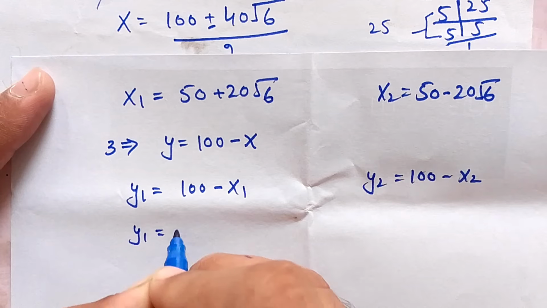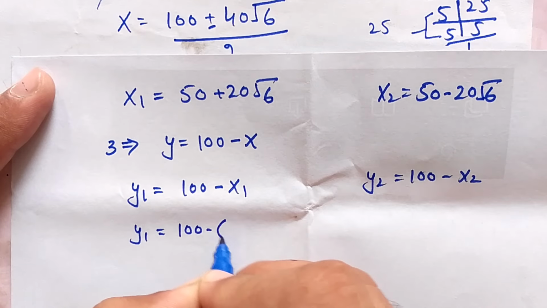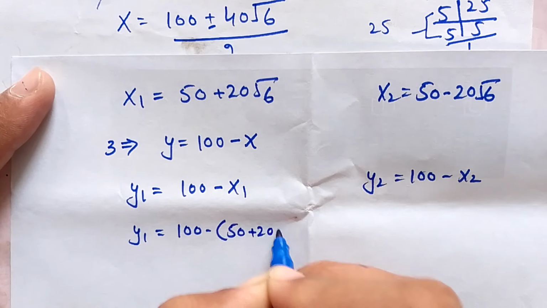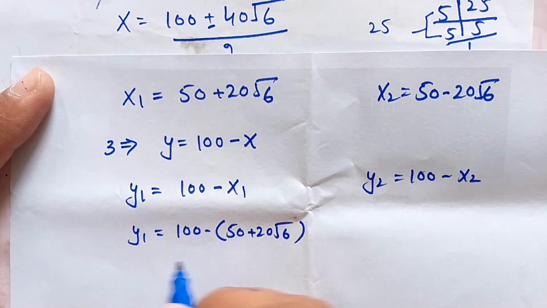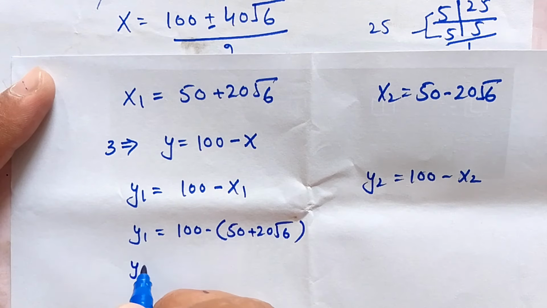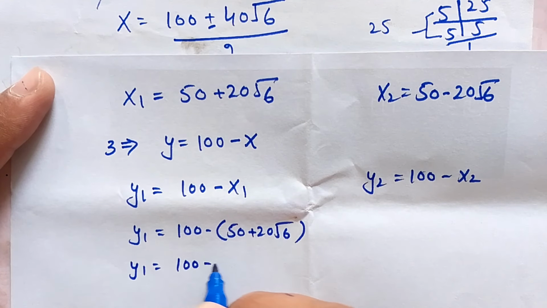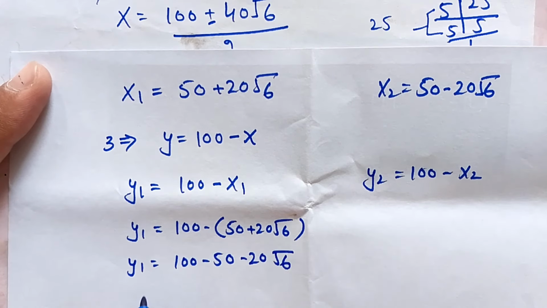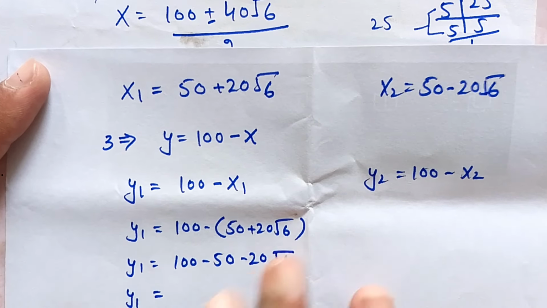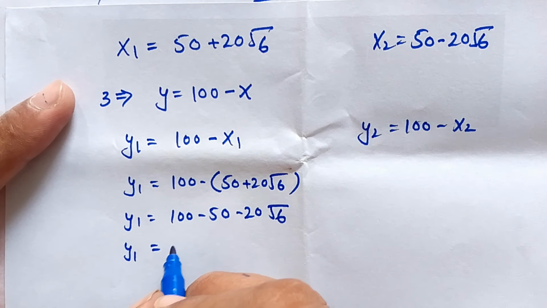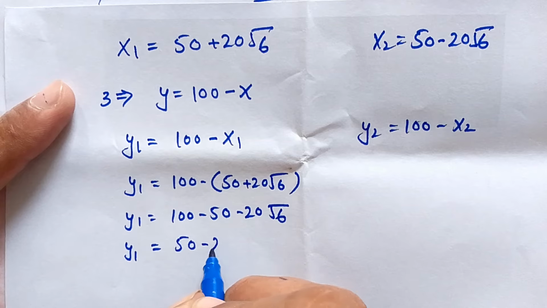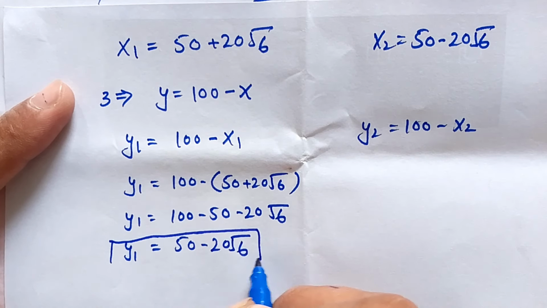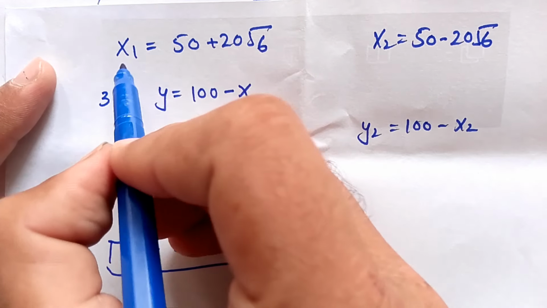Here x1 is equal to 50 plus 20 square root of 6. Now y1 is equal to 100 minus 50 minus 20 square root of 6, so y1 is equal to 50 minus 20 square root of 6. This is the value of y1, and this is x1.